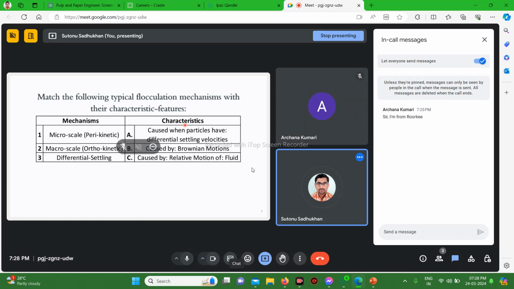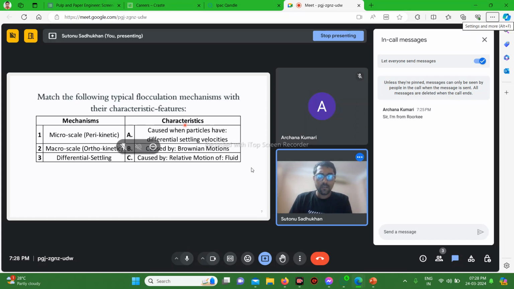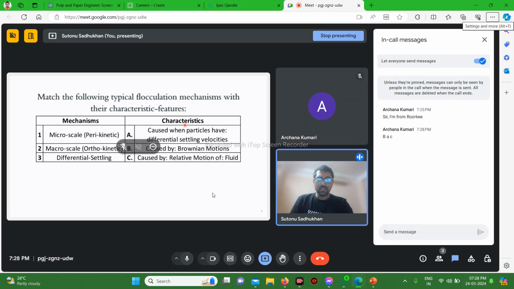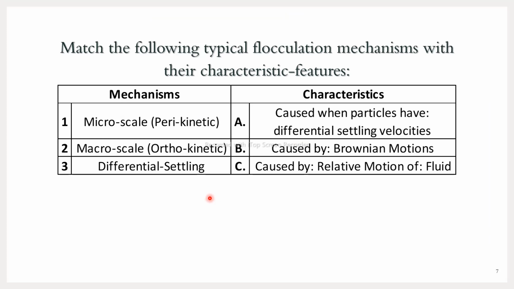No answer? Then I think I should explain, right? There is no explanation basically. This is just a memory based question. So which one is explained by which one? That is the thing. Let's say macro scale motions and micro scale motions.